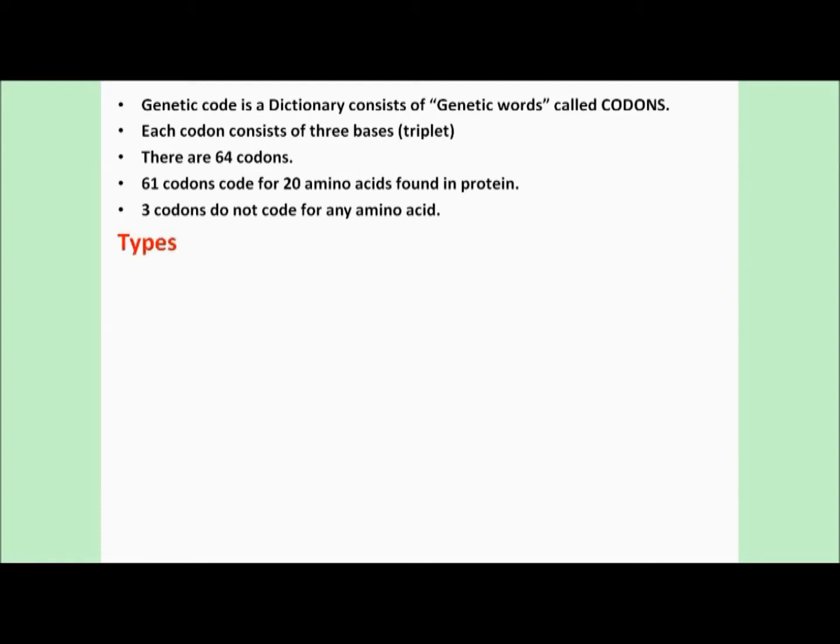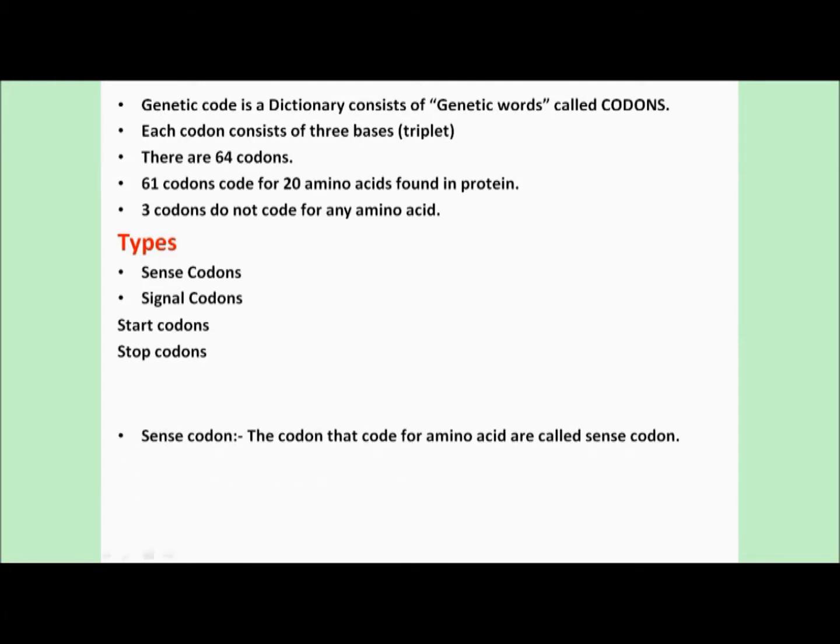Now there are types of codons. First of all, the codons are divided into sense codons and signal codons. Signal codons include a start codon and a stop codon. The start codon will start the process of protein synthesis, whereas the stop codon will stop the process of protein synthesis, right?